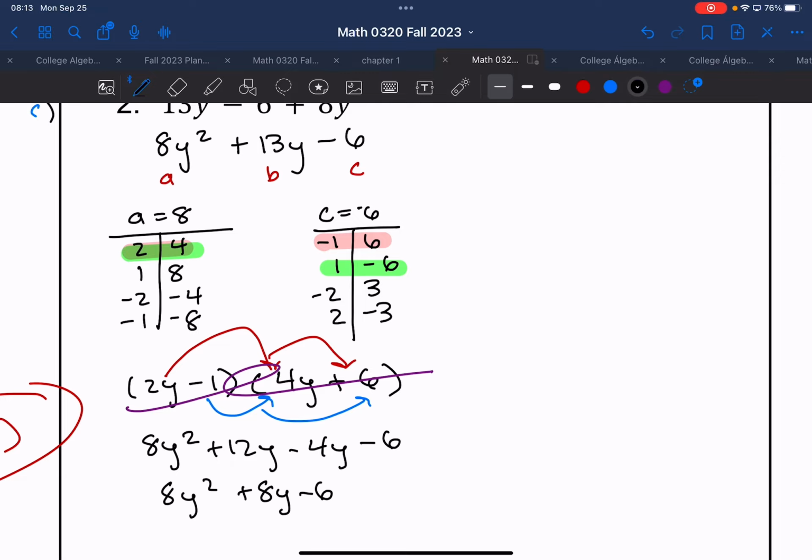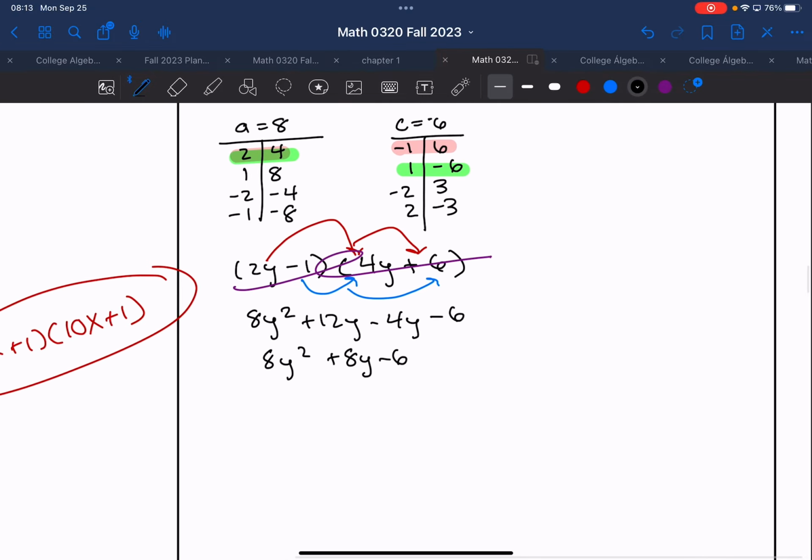So for that one, we would have, again, that 2y, and now we have plus 1, and then 4y minus 6. So the only thing we did was change the signs of the c value because we're checking the next factor in that table. So we already checked negative 1 and 6. Now we're checking 1 and negative 6. And again, we use the FOIL method.